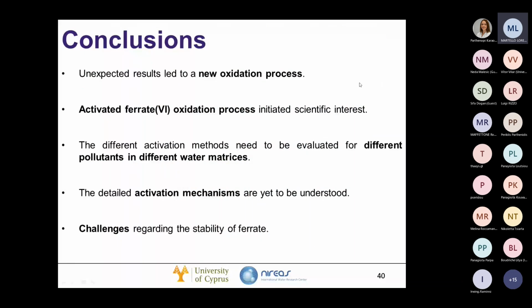So the main conclusion of this webinar is that some unexpected results led to a new oxidation process, and this conclusion is especially important for the PhD students: sometimes unexpected results may lead to something new, and this is when things are really exciting.